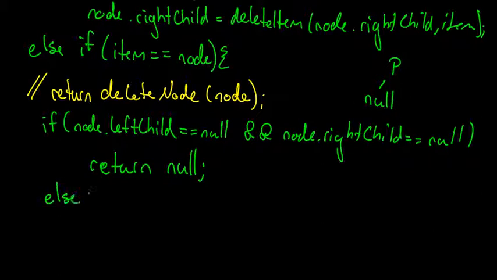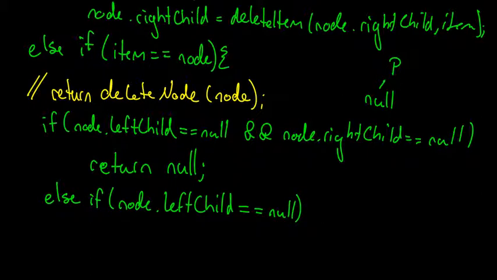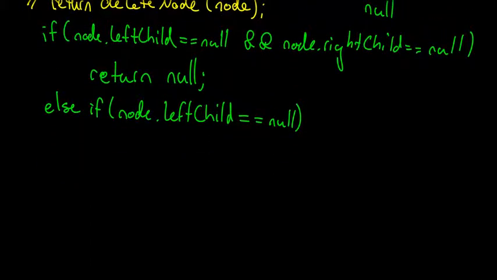Otherwise, node left child may be null. In which case you would have to simply return the node right child.